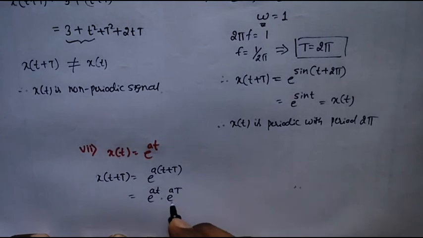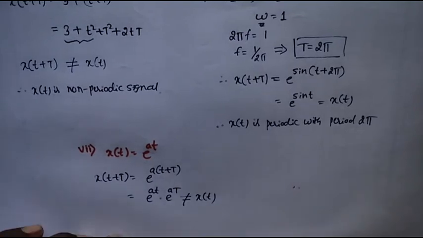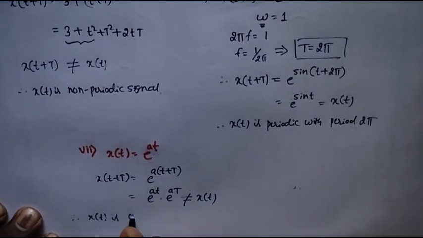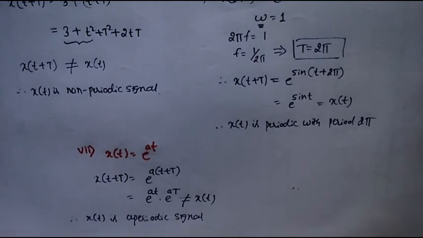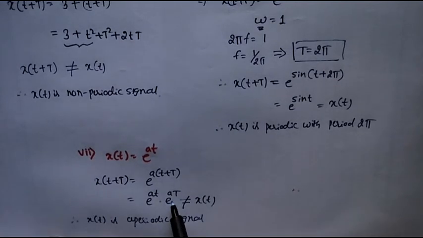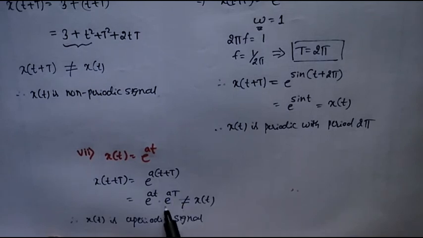At that time this entire term will become 1. Otherwise this is not equal to x of t. Therefore x of t is an aperiodic or non-periodic signal. So this will be periodic only if either a equal to 0 or T equal to 0. In that case this entire term will become 1. Then x of t plus T will be equal to e power at.